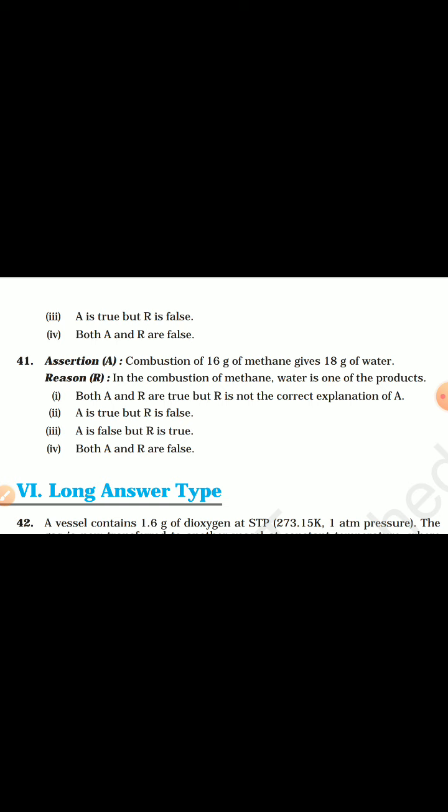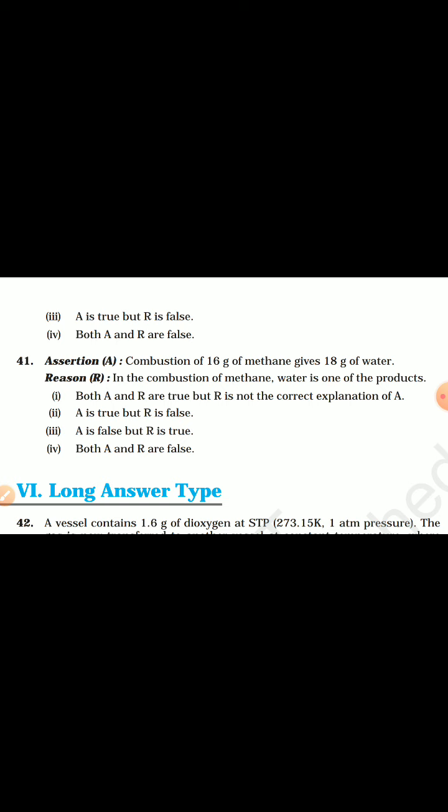And the reason, that in the combustion of methane water is one of the products, R is true. Reason R is true, but A is false. So here the option is the third option. A is false, but R is true.